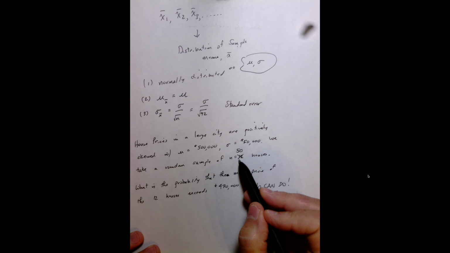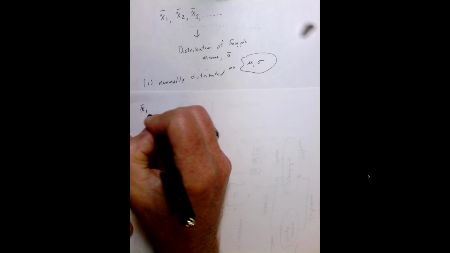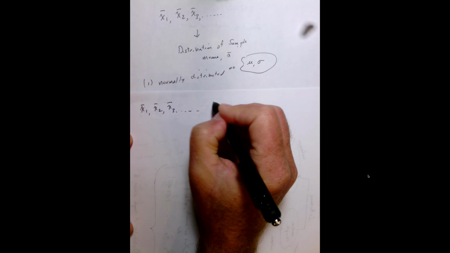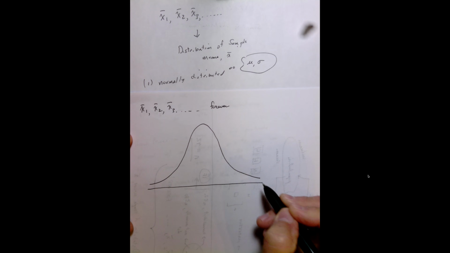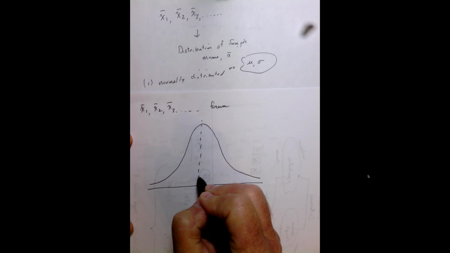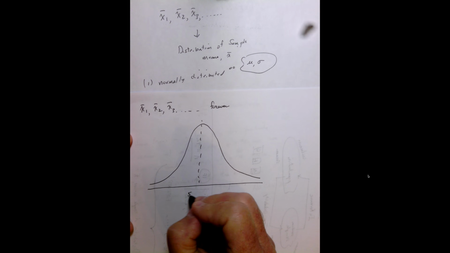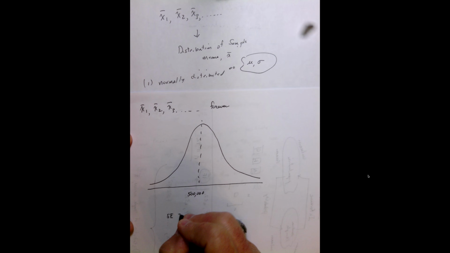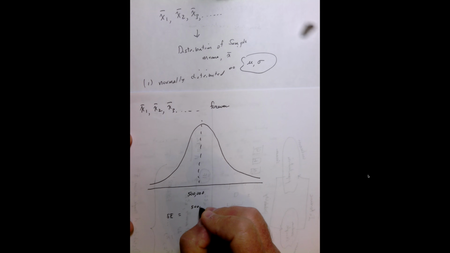First of all, if we're taking houses out 50 at a time, we know that the first sample mean and the second sample mean and the third sample mean, all of these means, again, forever, we'll have a distribution that is normally distributed, that will have a mean equal to the population mean, 500,000, and then it'll have a standard error equal to sigma divided by the square root of our sample size.